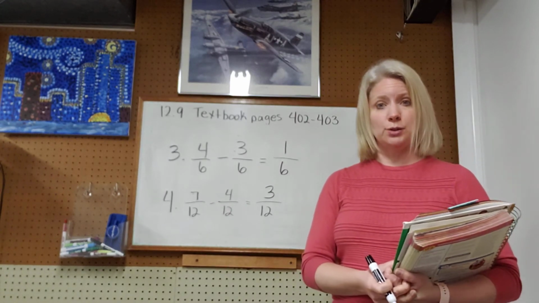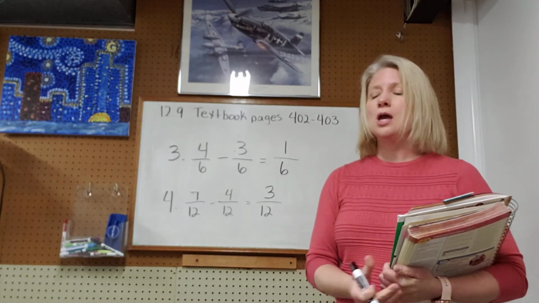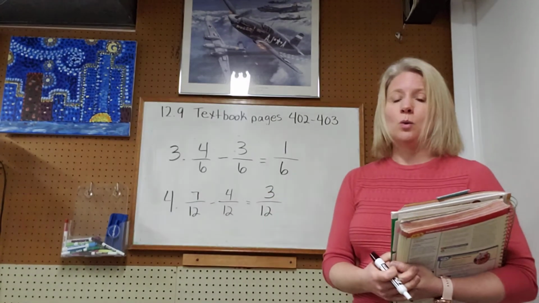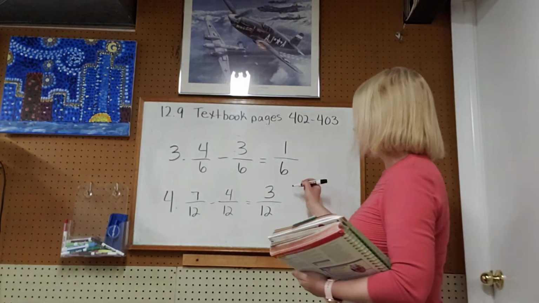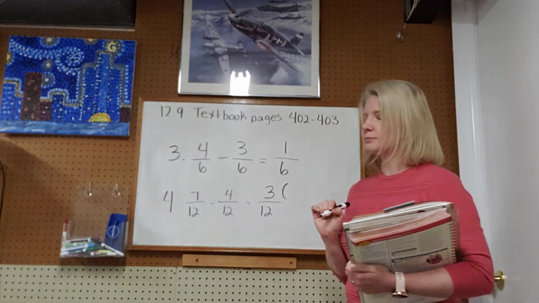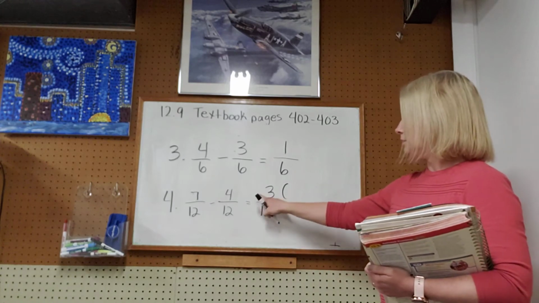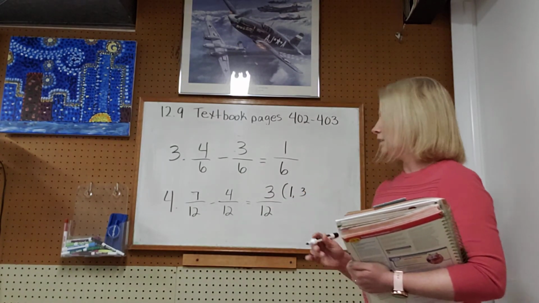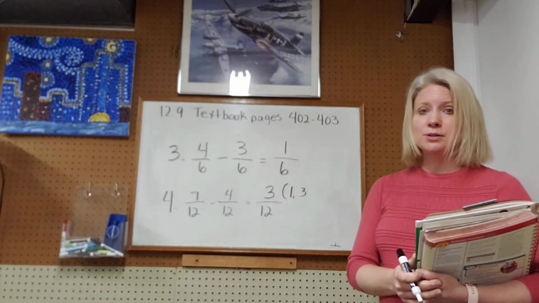What factors, what numbers times each other, would give you these products? So what are the factors of 3? What numbers can you multiply? Well, you can multiply 1 and 3, but there aren't any other numbers besides 1 and 3.